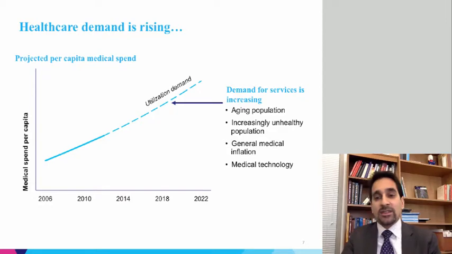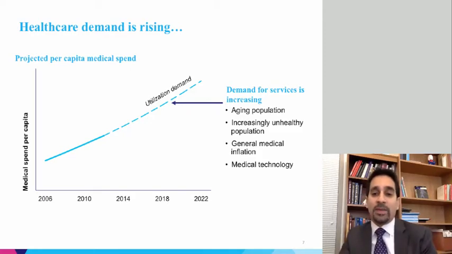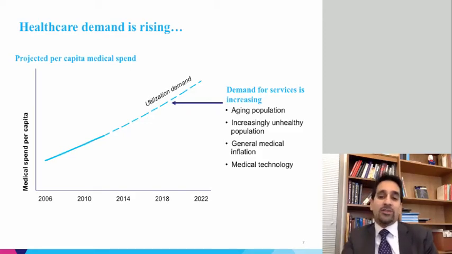Despite some curbing of that trend in recent years, it's actually spiked back up to 6 to 7% on an annual basis. This demand is being driven by the aging population, by an increasingly unhealthy population, by general medical inflation, by medical technology increases, and a variety of other factors. So over the past 30 years, that 6.5% growth has been unsustainable for the industry.